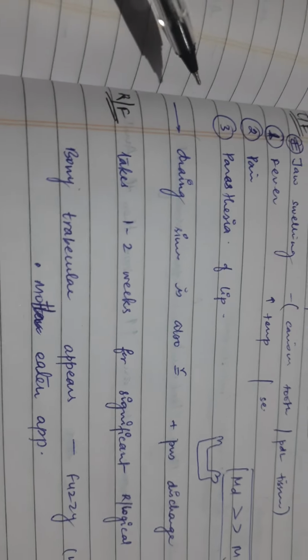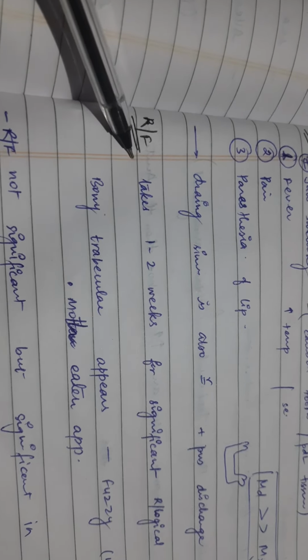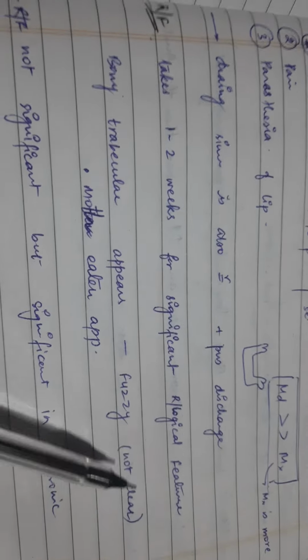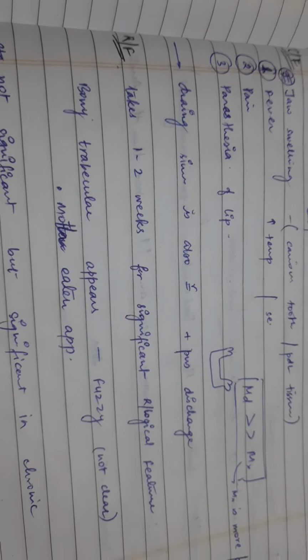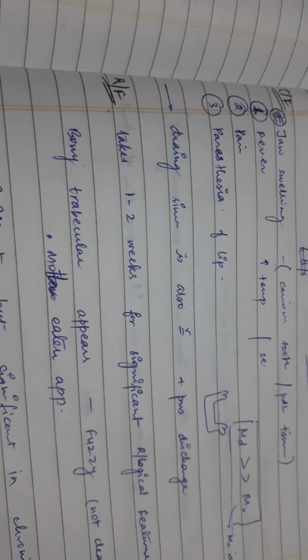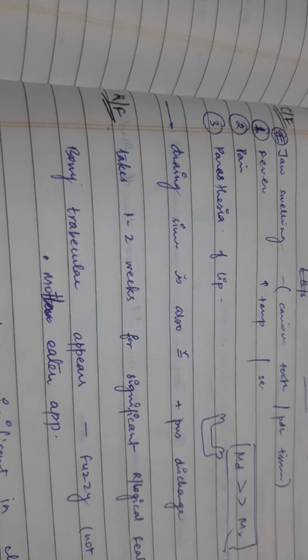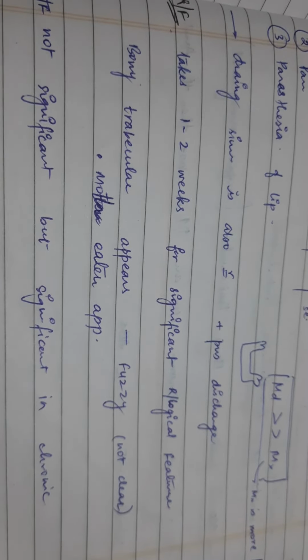It is common sense. Radiographic features take 1 to 2 weeks to become significant. Yes, it is the most important point that osteomyelitis takes 1 to 2 weeks for significant radiological features.